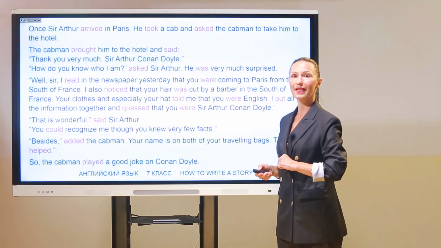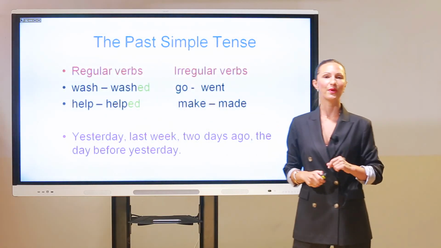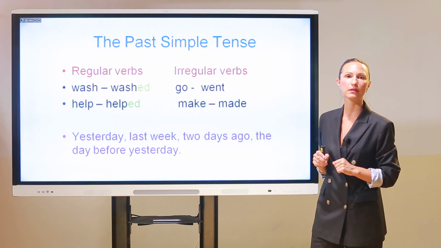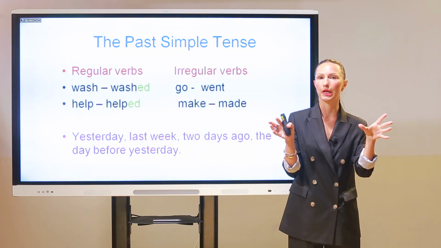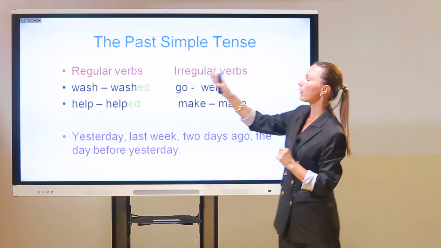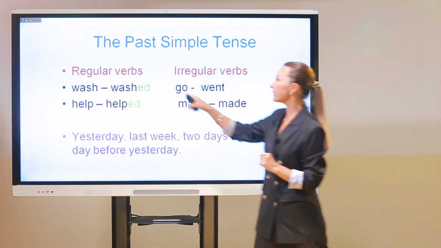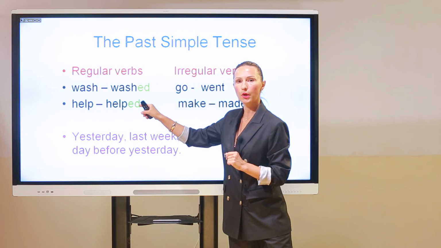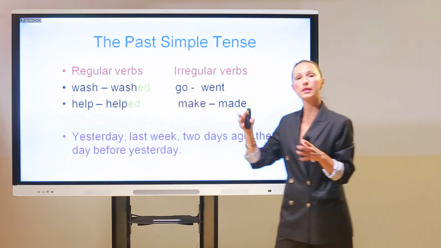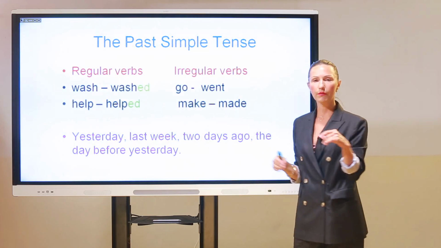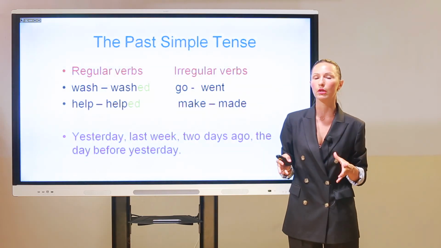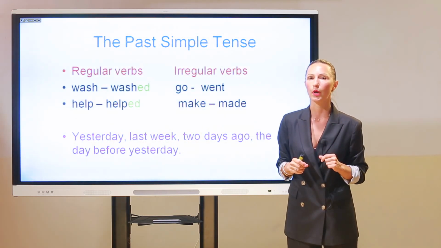What is this tense? Right you are, the past simple tense. You have to remember that in the past simple tense, you use regular verbs and add the ed ending to the verbs, and sometimes you use irregular verbs. You have to memorize the special form, the second form of the verbs, okay?